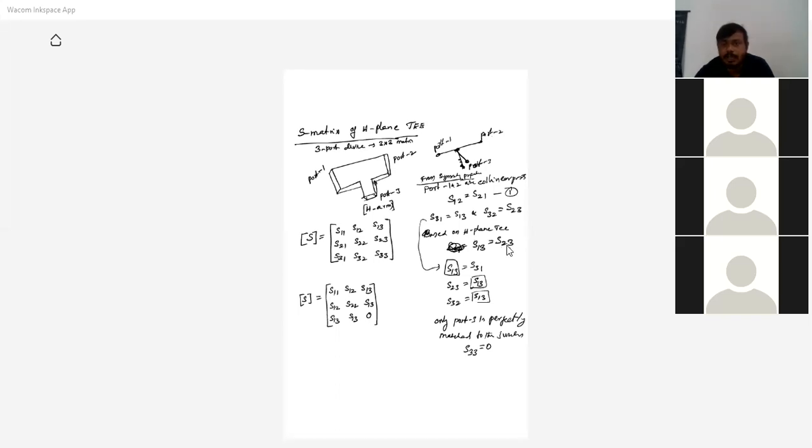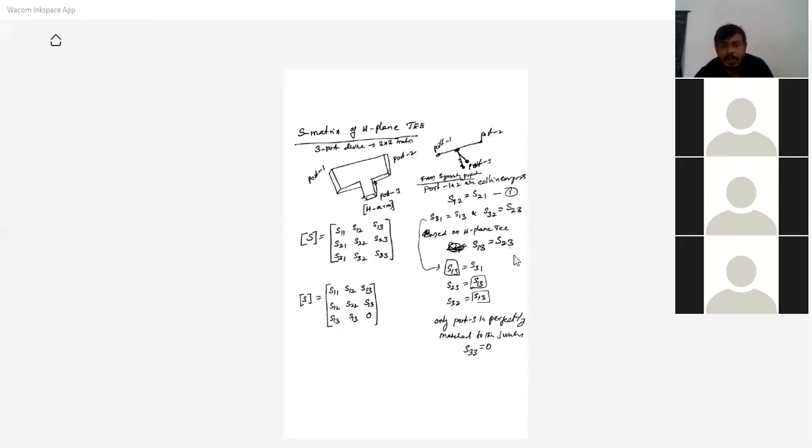So from all these, S13 is equal to S31, S23 is S13, and S32 is also S13. I am assuming only port 3 is perfectly coupled to the junction. That means S33 is equal to 0.